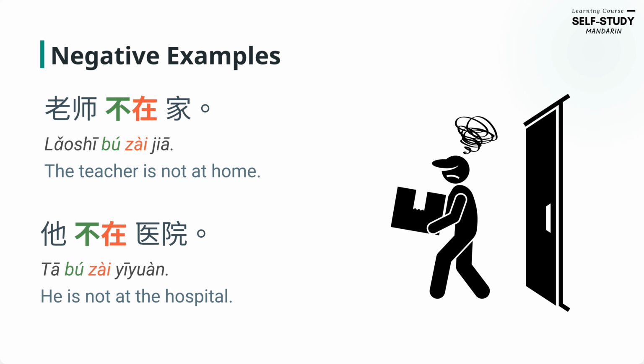Here, 老师 is the teacher, followed by 不在家, meaning is not at home, and 家 for home or house. Second example, 他不在医院. This translates to he is not at the hospital. 他 is he, 不在 is not at, and 医院 is hospital. Remember that tone change for 不 before 在.